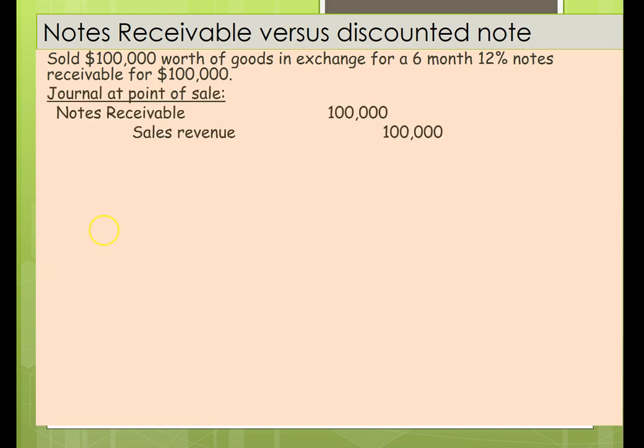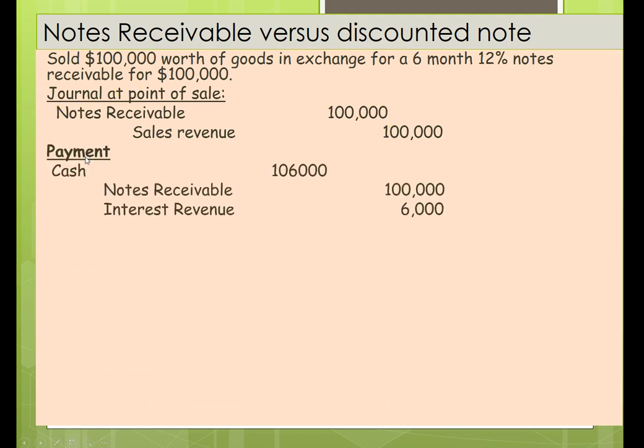So, in this case, we had a sale, 100,000. We sold it to him for 100,000, and in exchange, we got a 6-month, 12% note. So, at the point of sale, we do notes receivable and sales revenue. And then when the payment's received, and assuming we don't accrue it each month, at the end of 6 months, we record the 6,000 in interest revenue.